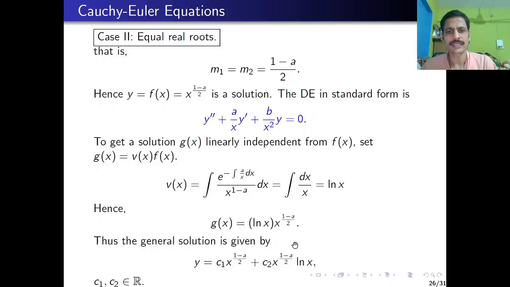In that case, the general solution will be y is equal to c1 times f(x) plus c2 times g(x), that is c1 times x raised to (1 minus a) by 2 plus c2 times x raised to (1 minus a) by 2 times ln x, where c1 and c2 are real numbers.